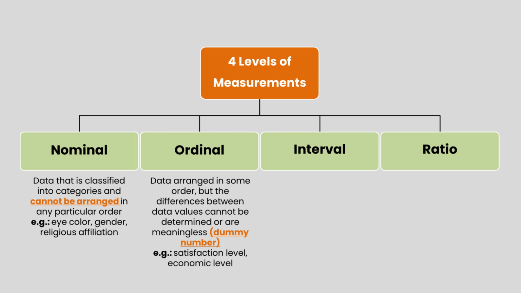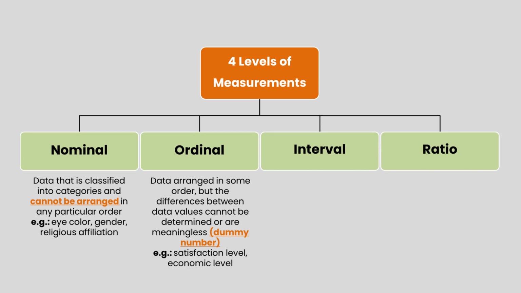Nominal is categorical data that we cannot arrange in any particular order. For example, eye color. There are black, blue, brown, and we cannot arrange them in a particular order. The other one is gender, male and also female. We cannot arrange this into any particular order.